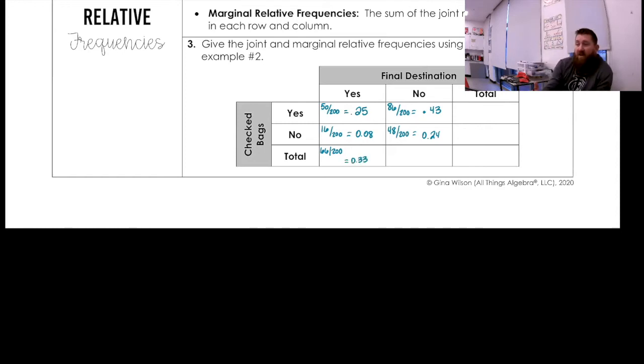And if you look, 0.25 plus 0.08 is 0.33. Same thing, 134 divided by 200, which gives us 0.67.